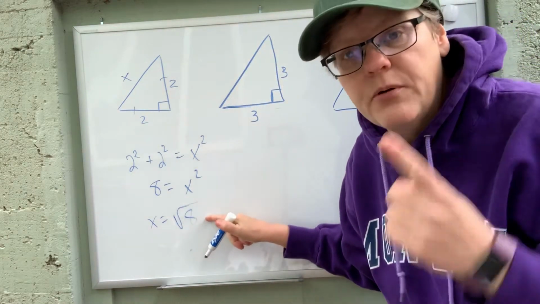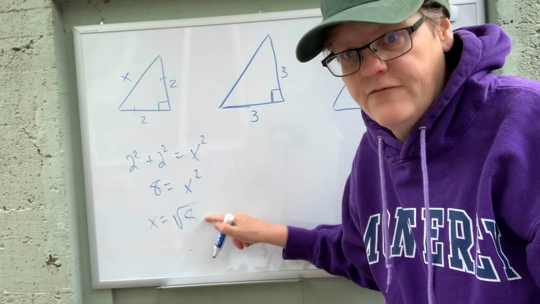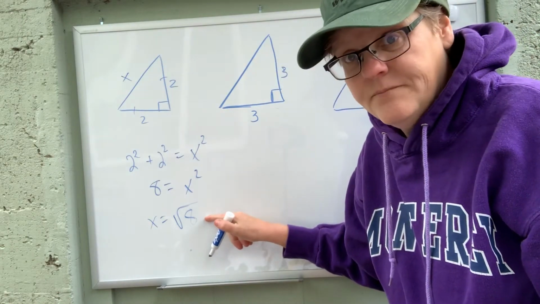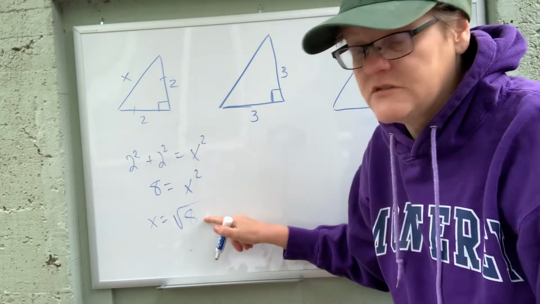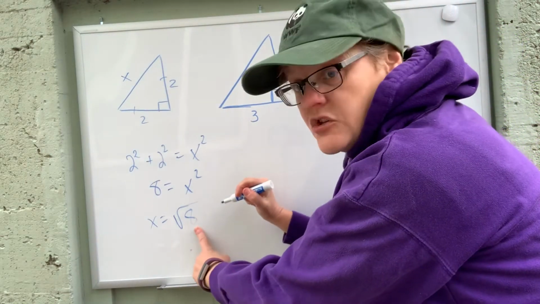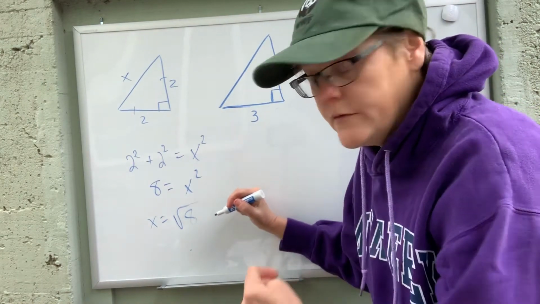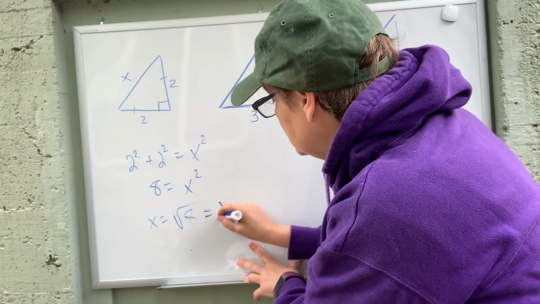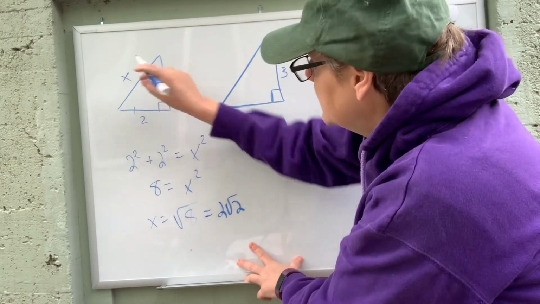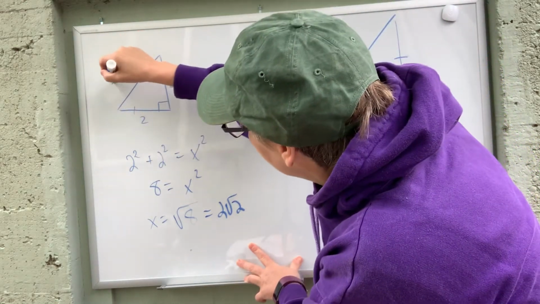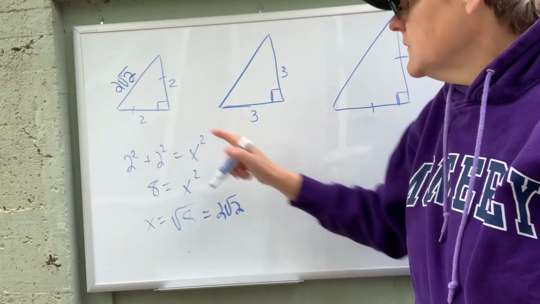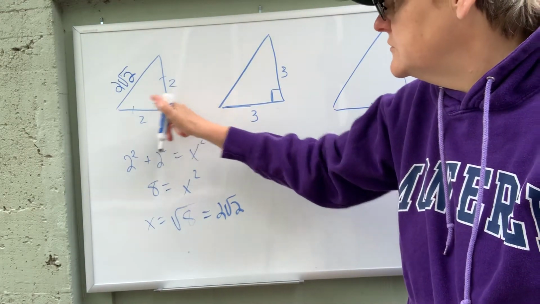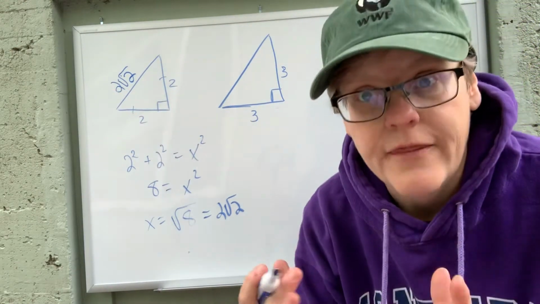But I did say put that into simplified form. 8 has a perfect square factor, and that's 4. 4 times 2 is 8. So this is the square root of 4 times the square root of 2, which is 2 root 2. So this guy here is 2 root 2. Look at that, 2 root 2. That's kind of cool.